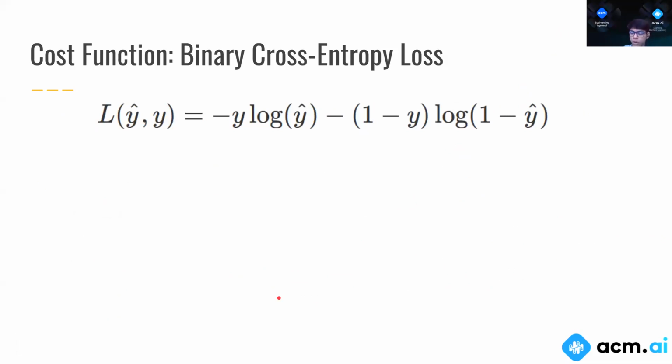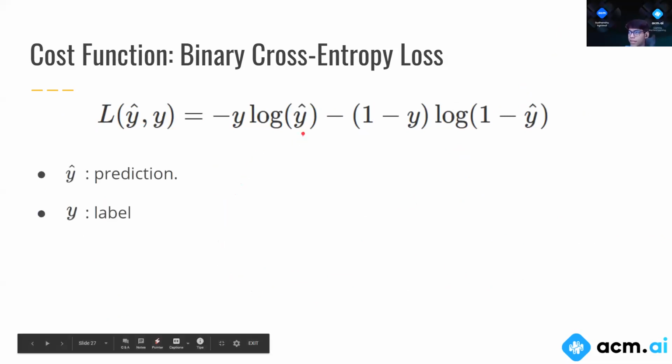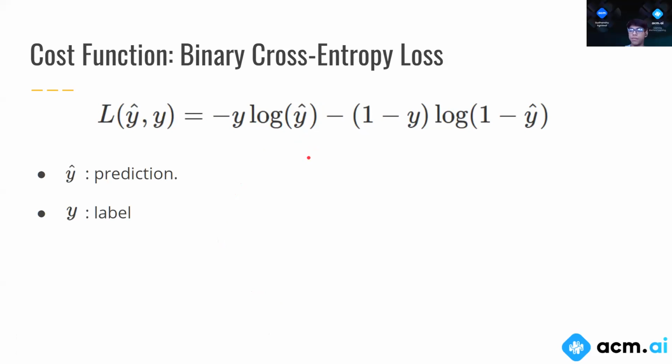Just to review notation, y hat is our prediction. That means it's a value between 0 and 1. Could be 0.1, 0.5, 0.7, whatever. And y is the true label, so it's either 0 or 1. It can be nothing in between. So now let's think, what happens to this formula if y was 1?